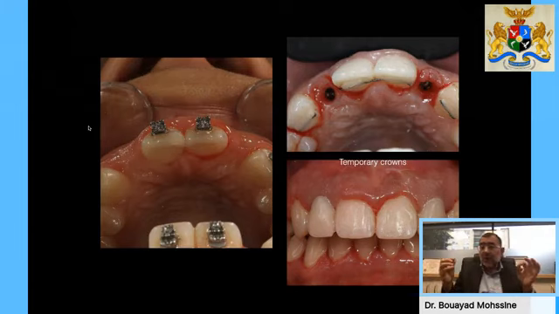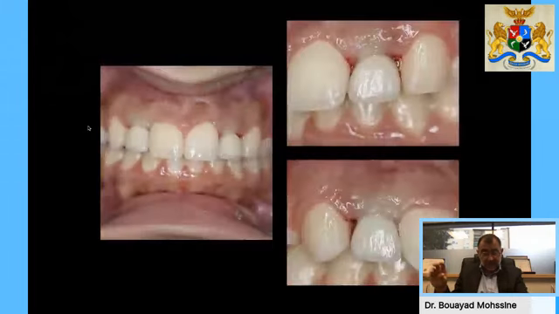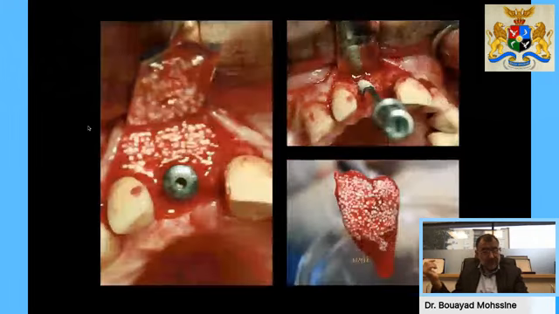And when we have a good stability of the implant in the bone, we place the temporary crown at the same stage in order to have a good healing of the soft tissue. We place the final crown in the second stage, a few months later.